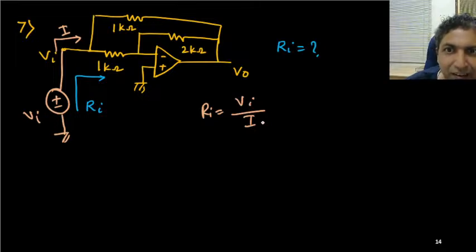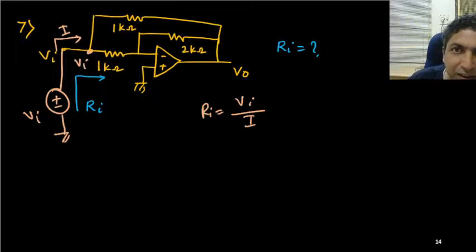Okay, so we need to find the ratio between Vi and the current supplied by the source I. Now here one important thing is that though there is one more feedback, it is connected to the source only. So this potential is Vi.